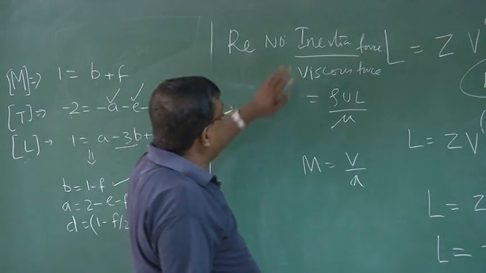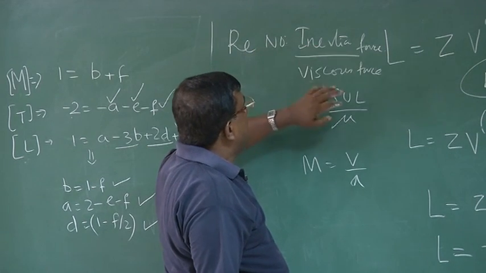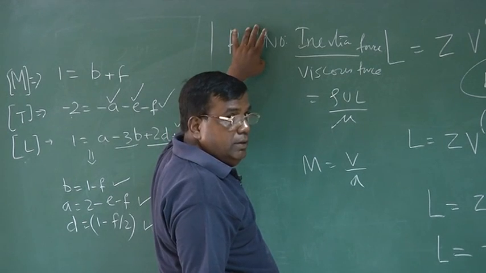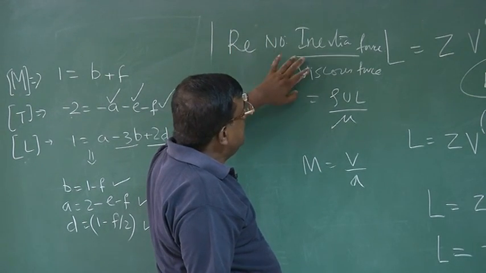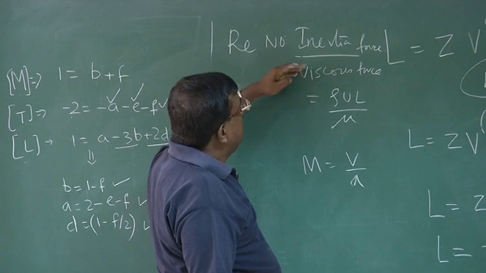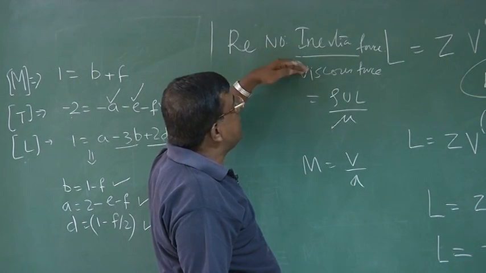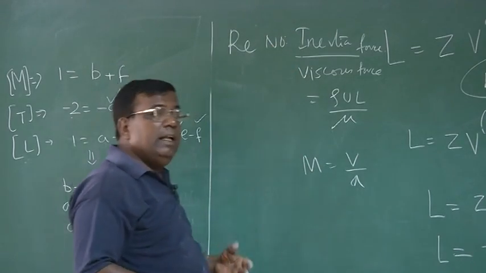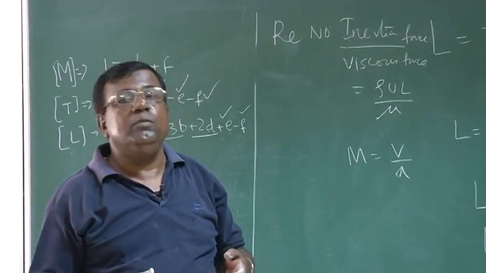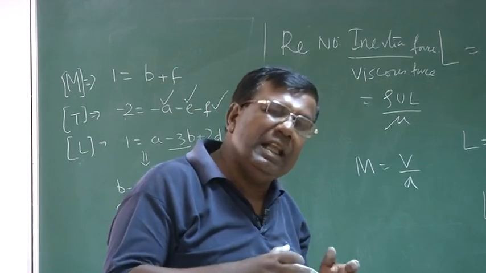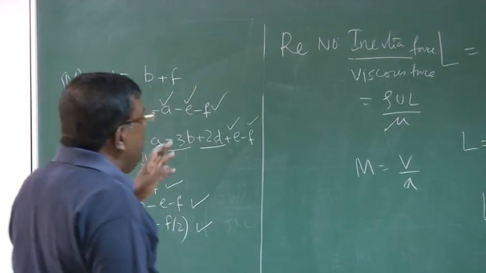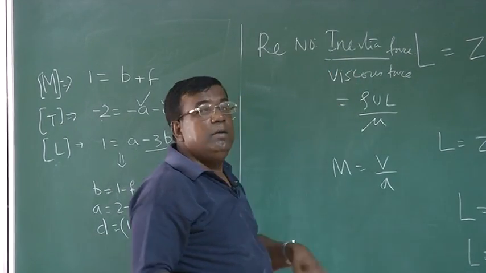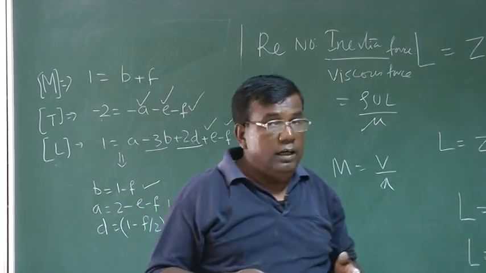Physically, if the flow has a high Reynolds number, then in a relative sense the viscous force is less compared to inertia force. That means when I am analyzing the flow, the viscous effects will be minimal. If Reynolds number is low, then clearly the viscous force effect will be more dominating. Okay, and it is true.